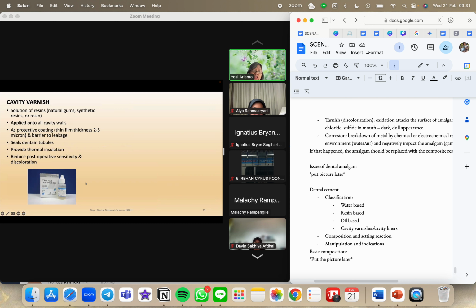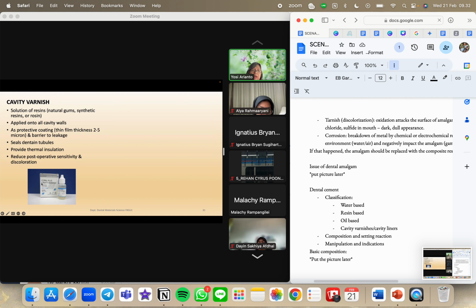This is the cavity varnish. It uses sometimes synthetic resin or rosin. We usually apply it in the cavity, and also to seal the dentin tubules and provide dental insulation, to reduce post-operative sensitivity or discolorations.